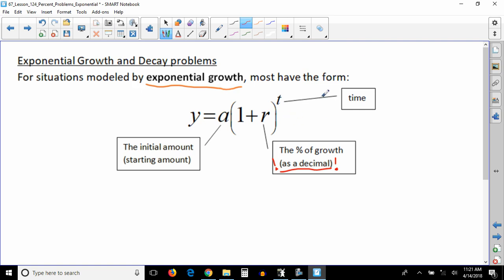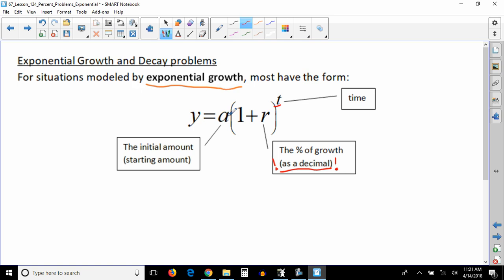And then, if you want to calculate, the time is now an exponent. So this is why this is called an exponential growth kind of problem. The t stands for time. Now, depending on how you're dealing with time, I will usually tell you that it's in years. There are times when time is in the compounded form.